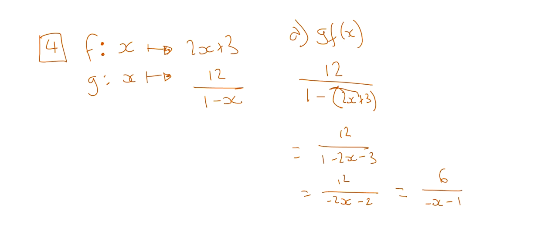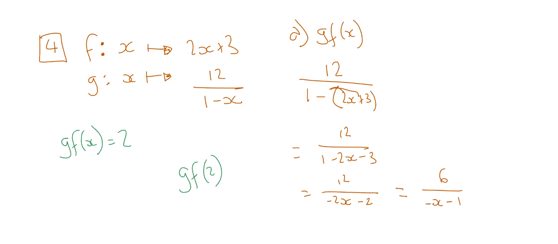Now, part B asks me for GF of X equals 2. Now, this is a little bit different to what I did before. Before, I said I wanted something like that. That's not what this says. What does this mean as opposed to this?